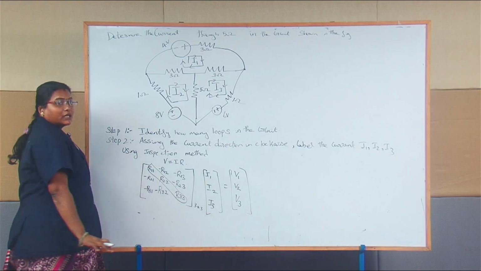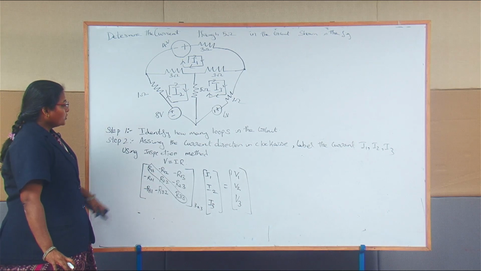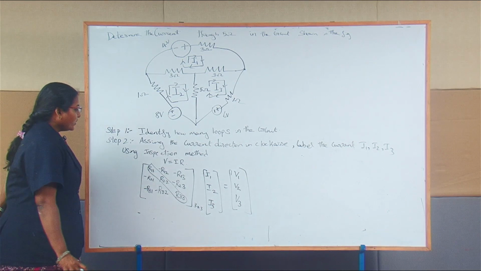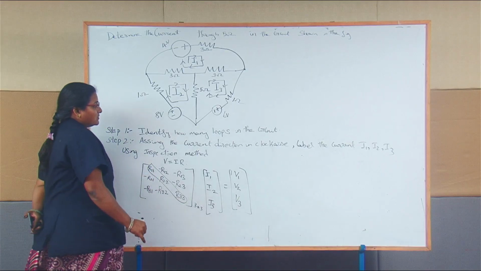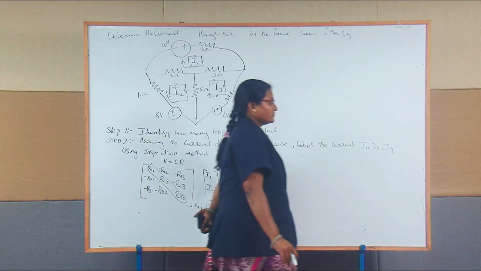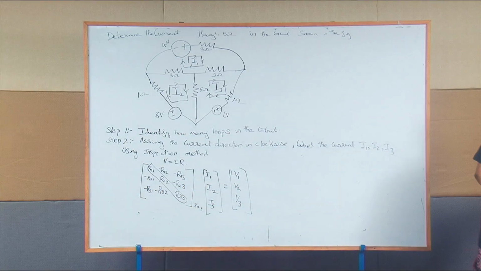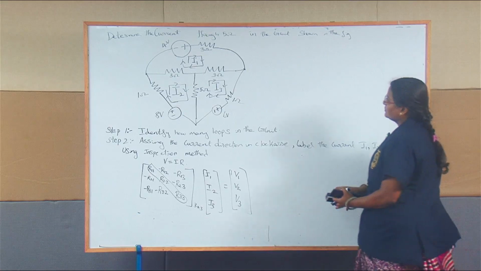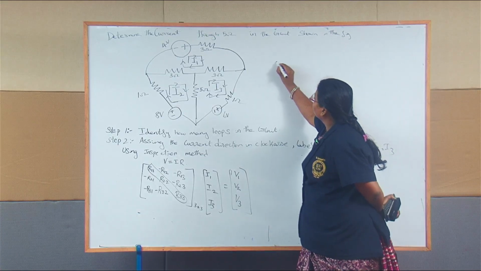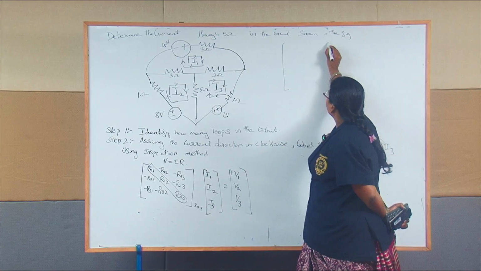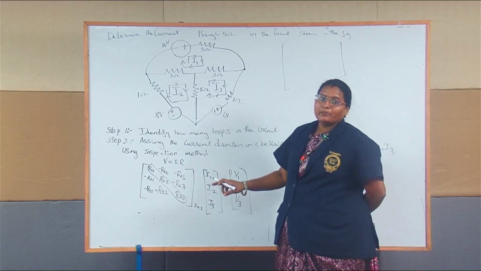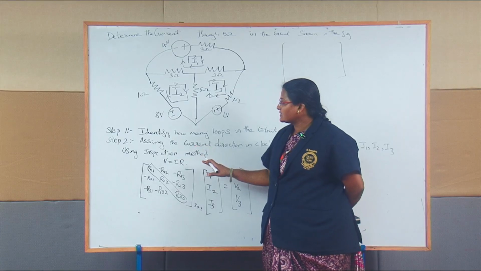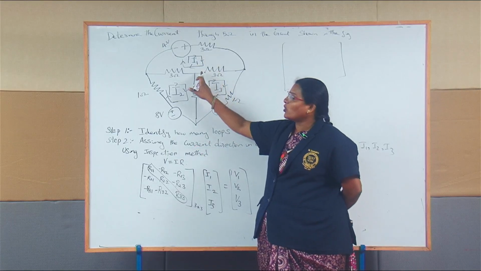We just formed the matrix using the inspection method. We are going to fill in the parameters. So, R11 means the total resistance in loop 1.